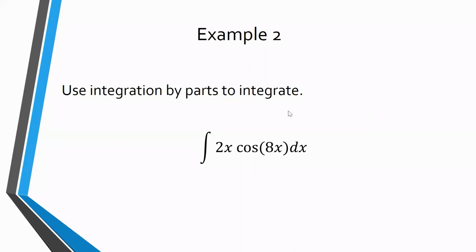Let's do another example. We're going to once again use integration by parts to integrate. This time, instead of having a polynomial times an exponential function, we're going to have a polynomial times a trig function. This is going to work very similarly to a polynomial times an exponential function.